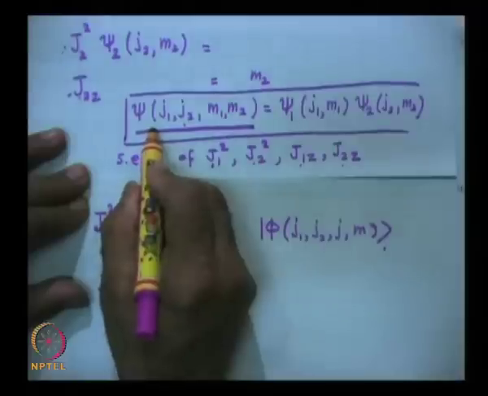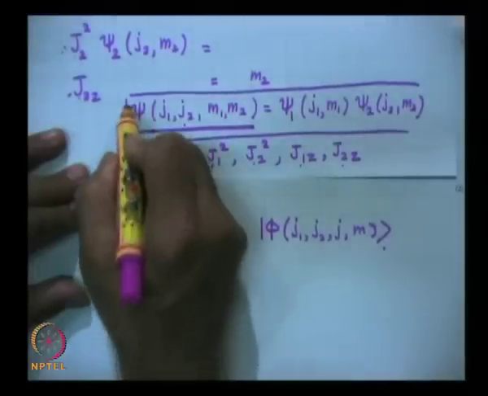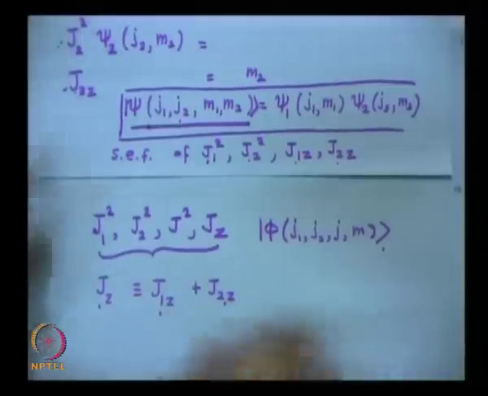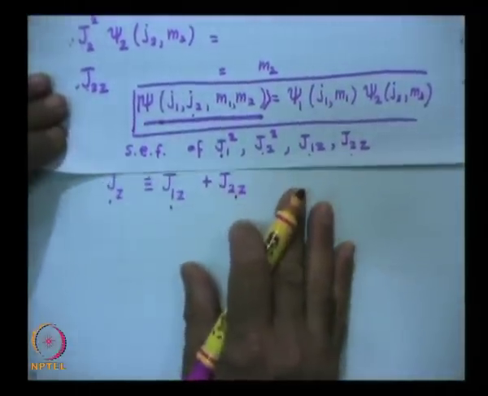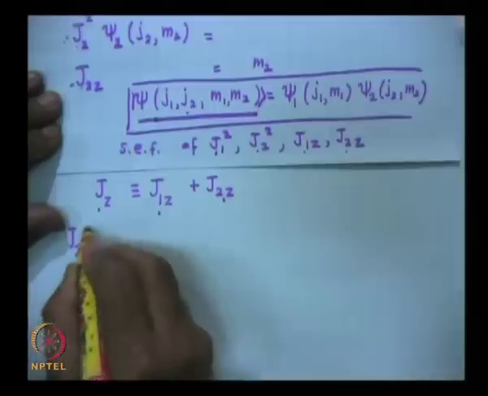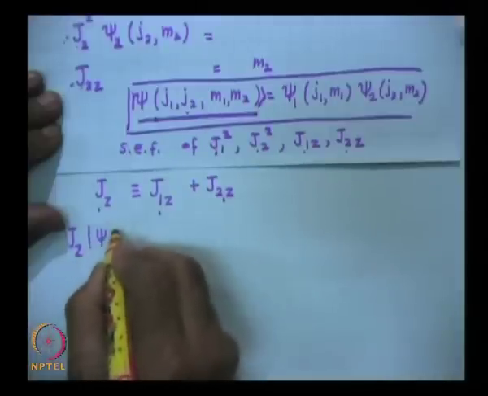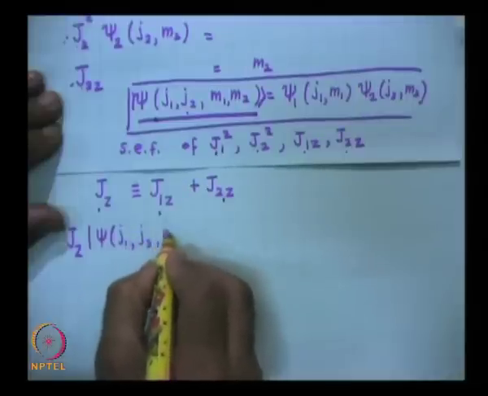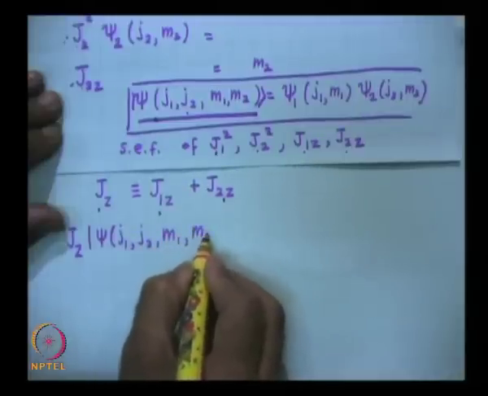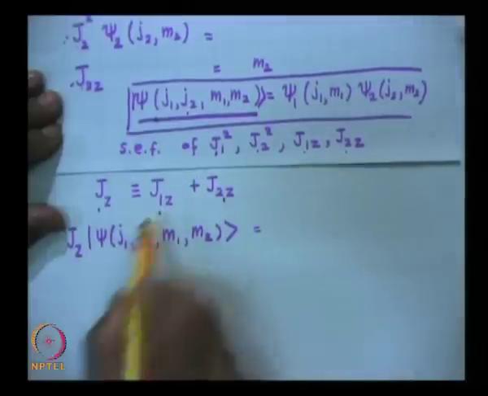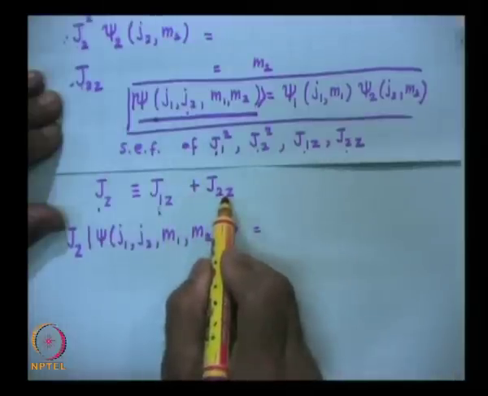So, let me write this down, that Jz operating on psi |J1 J2 M1 M2> is equal to J1z plus J2z.